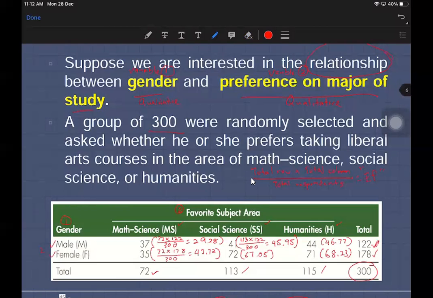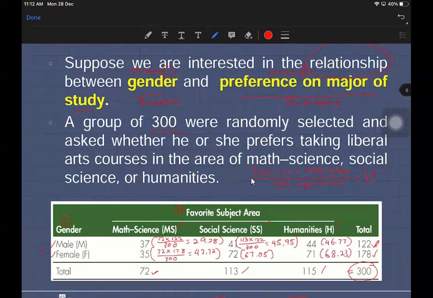So the total will be 300. Okay, same with the overall total. So if you get 300, meaning to say all your calculation is correct.